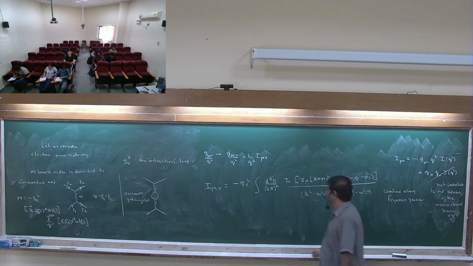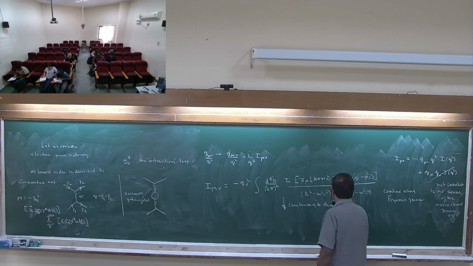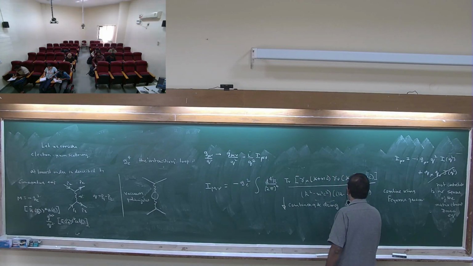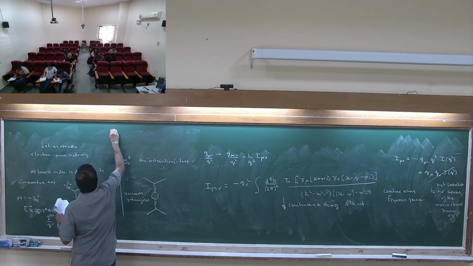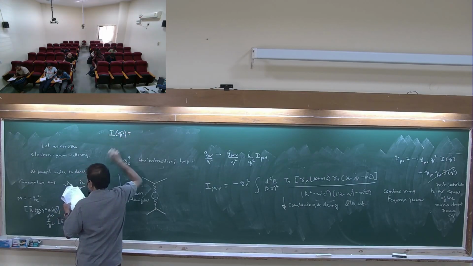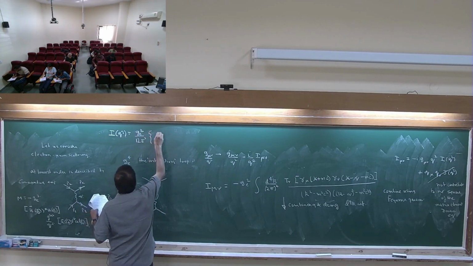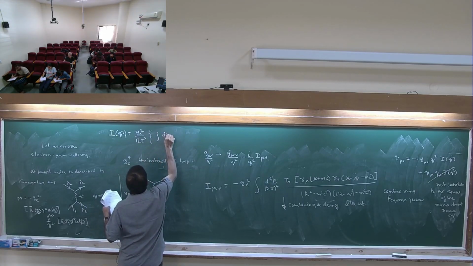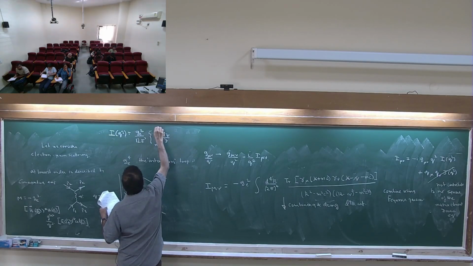So after combining and doing the d^4k integral, the answer is I of q squared is G_E squared by 12 pi squared times a piece that looks like this, dz by z, from m squared to infinity.